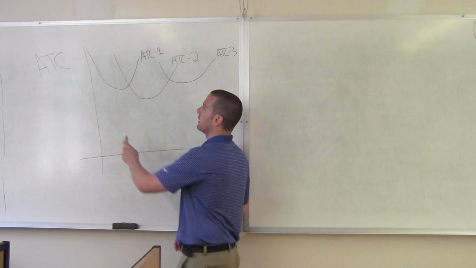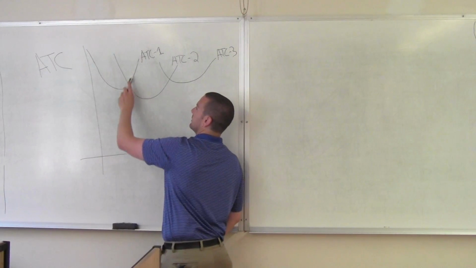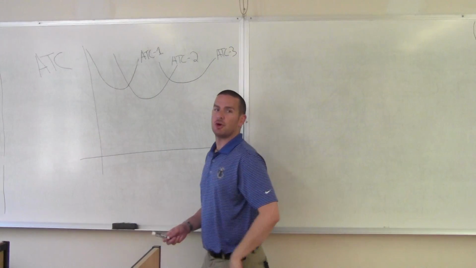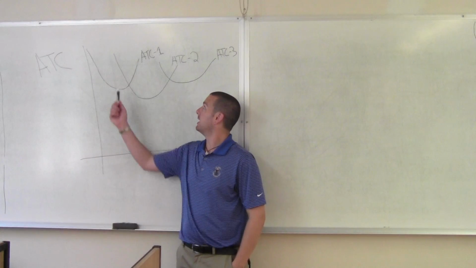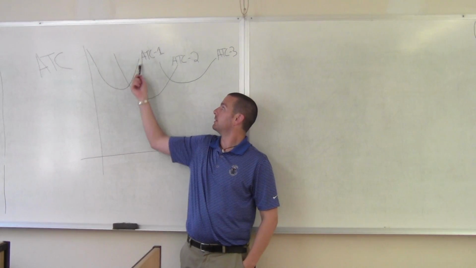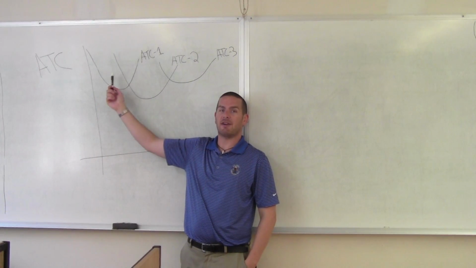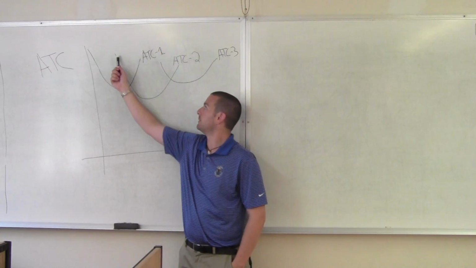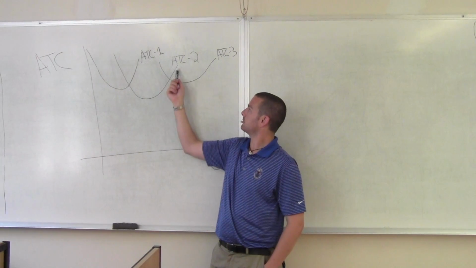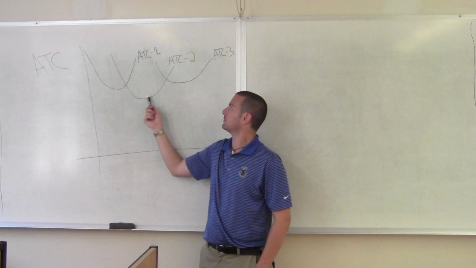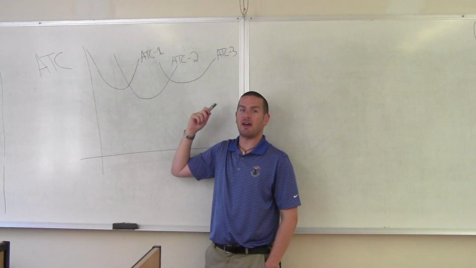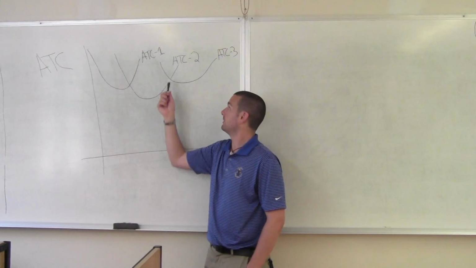Here we have average total cost curve 1. Next to it, we have average total cost curve 2. And then finally, we have average total cost curve 3.